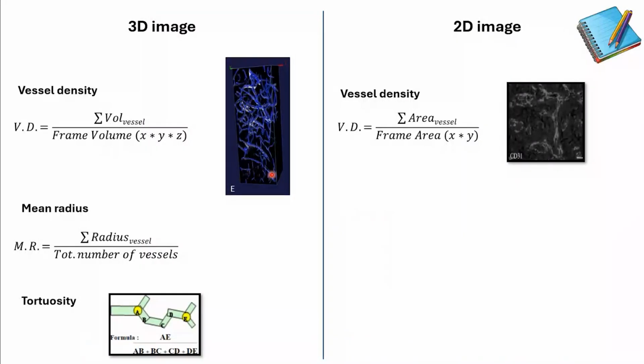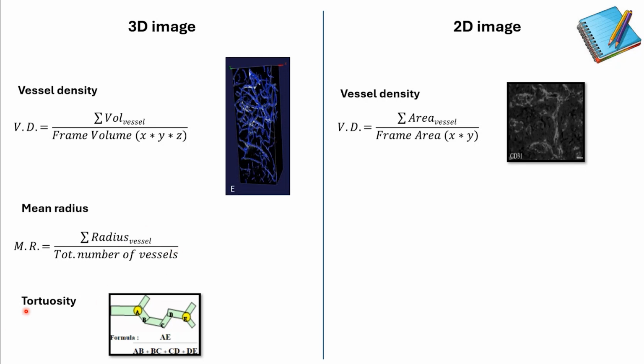So you can get quantitative information, and typically the measurements that we ran are vessel density, so the sum of the volume of all the vessels divided by the volume of the frame of the analysis, the mean radius, so you get the information of basically the caliber of the vessels, as well as tortuosity.